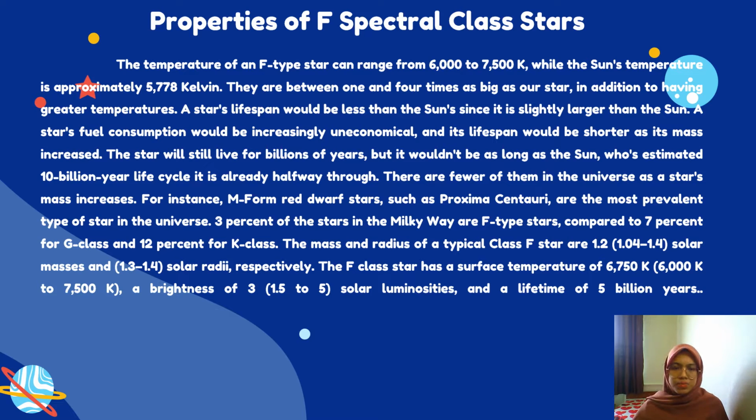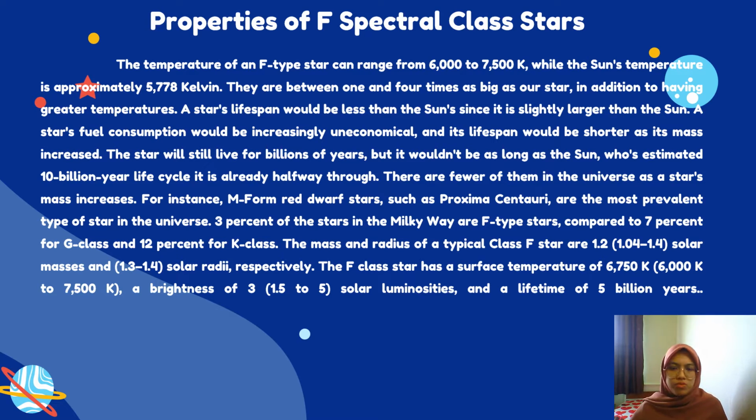A star's lifespan would be less than the Sun's, since it is slightly larger than the Sun. A star's fuel consumption would be increasingly uneconomical, and its lifespan would be shorter as its mass increases. The star will still live for billions of years, but not as long as the Sun, which has an estimated 10 billion year life cycle. It is already halfway through.